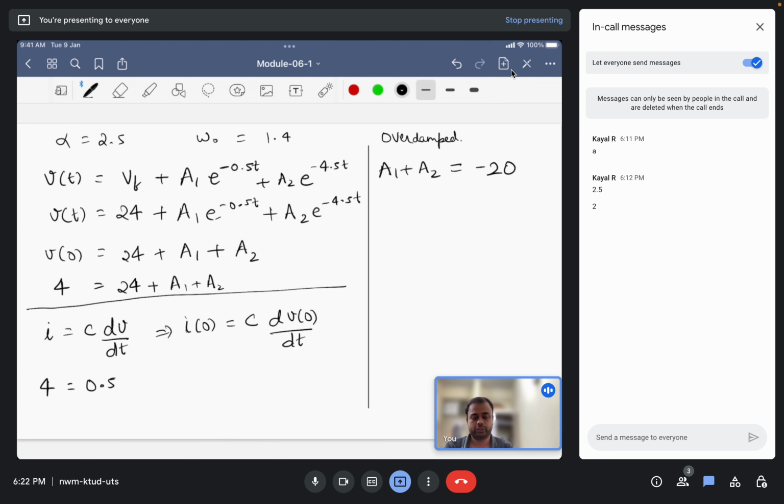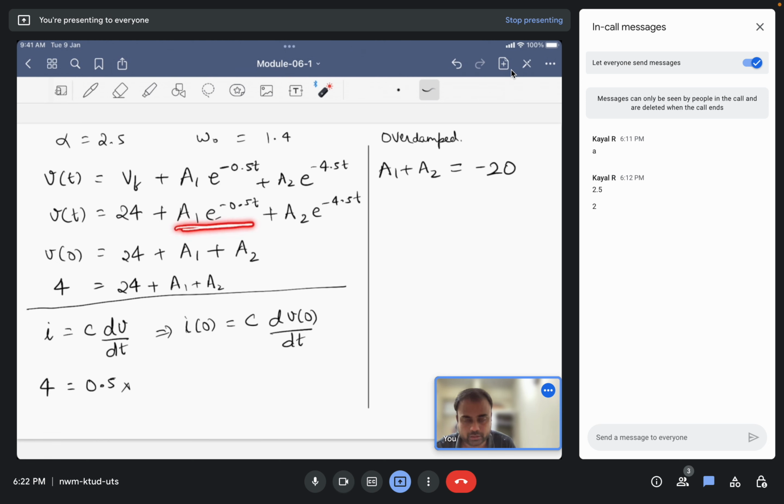Now we have to differentiate our equation, our differential equation. So 0.5 multiplied by the differentiation of 24, which will be 0, so we are not taking that term.